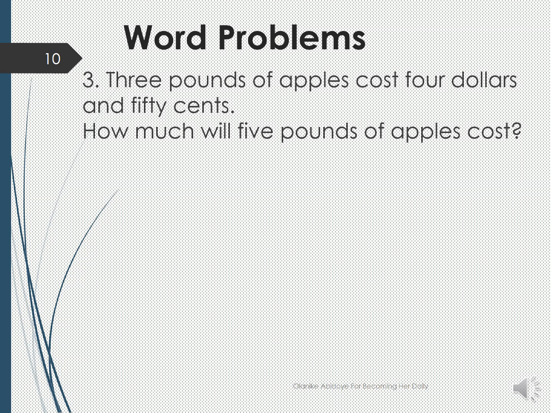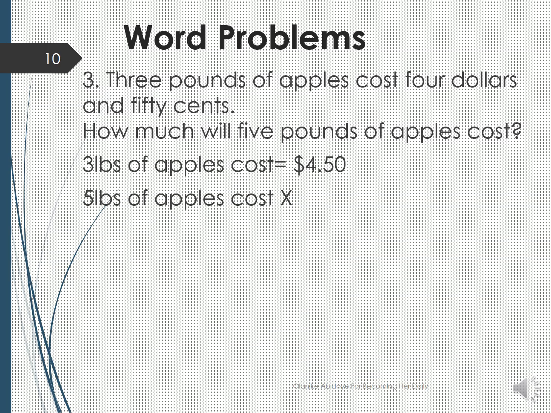So that means 3 pounds of apple cost $4.50. We can write that in ratio, 3 pounds over $4.50. Then 5 pounds of apple cost X. That's what we don't know that we're looking for.